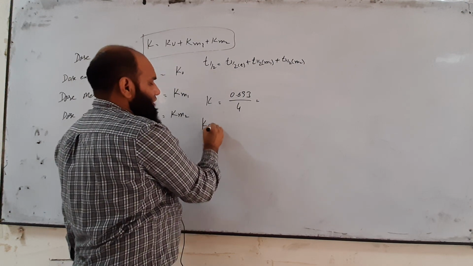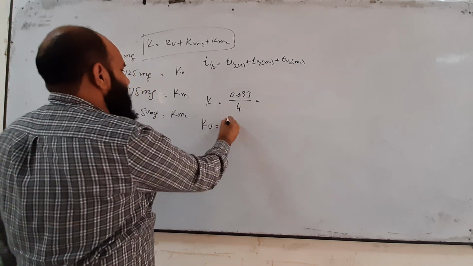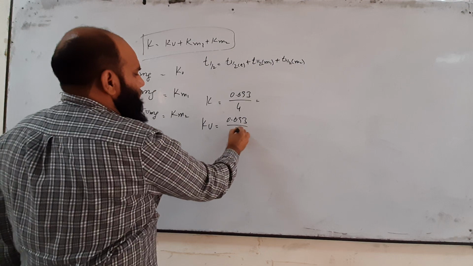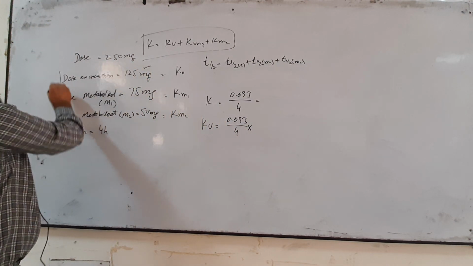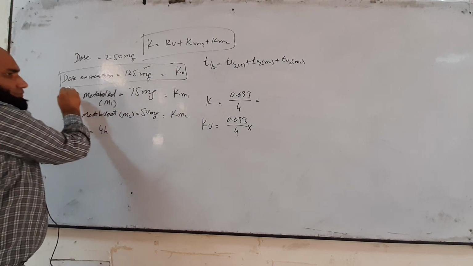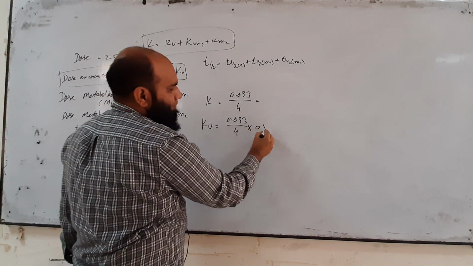Then when we use Ku, we have 0.693 over 4, and we are getting this, it's almost 25%, 50%. And we will multiply with the 0.5.